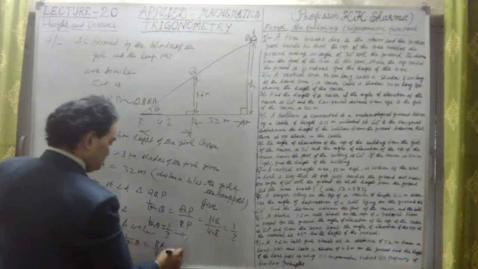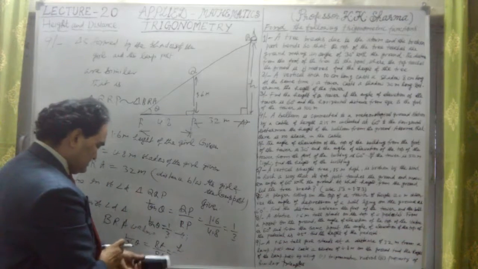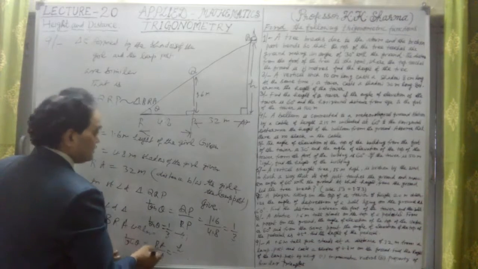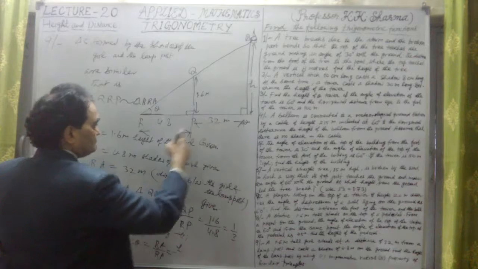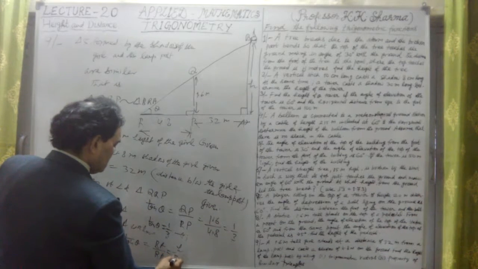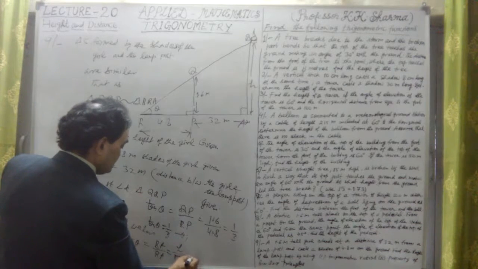So the height we have to calculate, the height of the tower, the lamp post, we have taken as H. RA is RP plus PA.